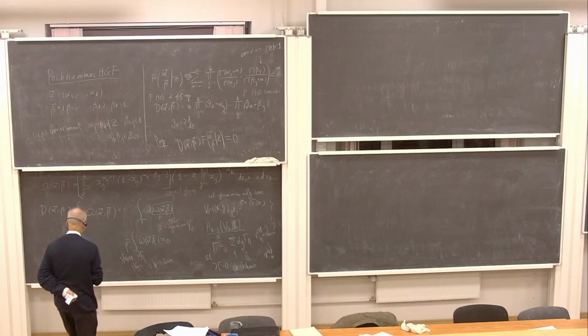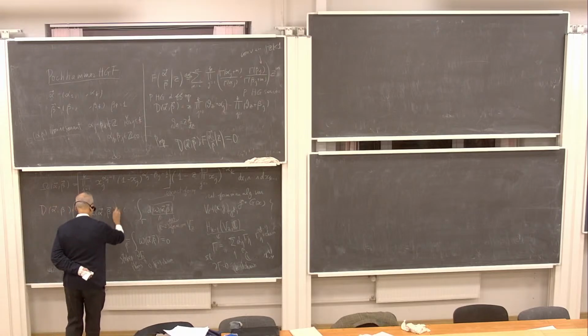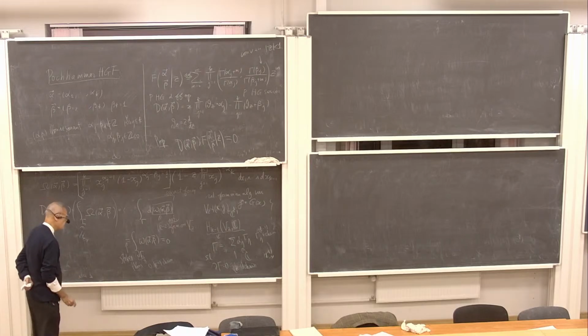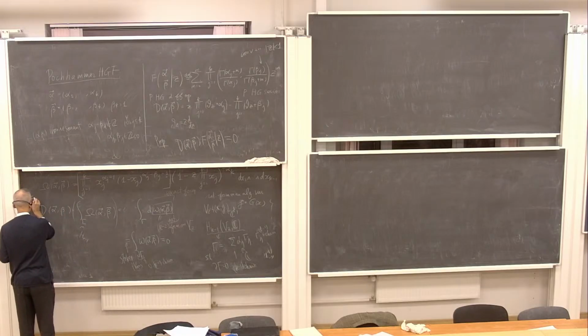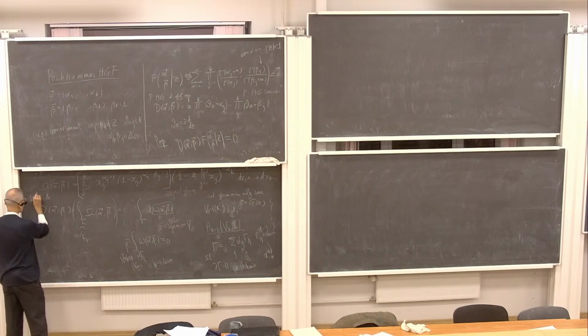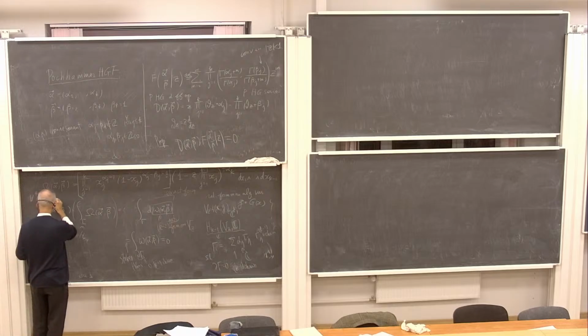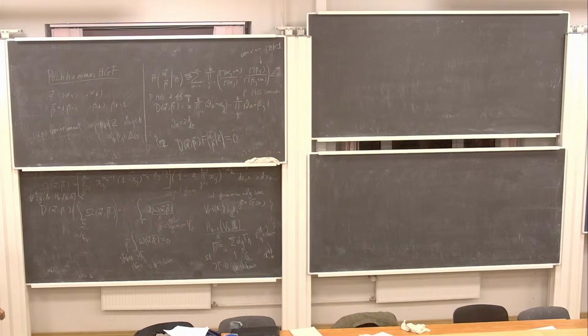So this argument works for every chain, for every cycle gamma, a k minus 1 cycle from H_{k-1}(Z), the first homology. This relation holds.